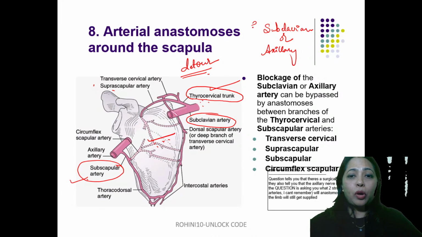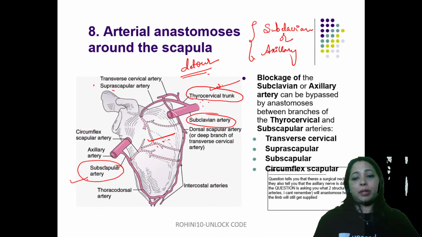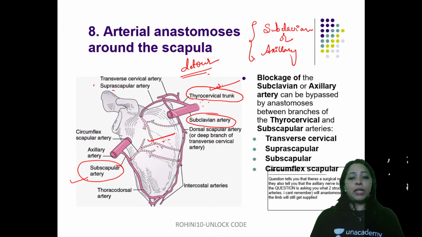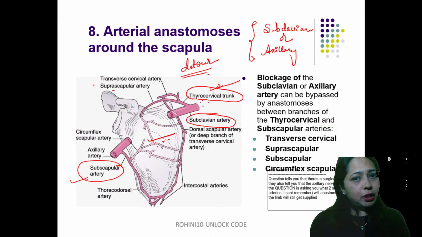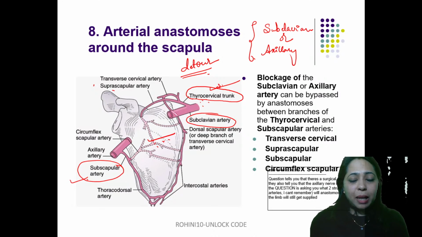So whenever there is a blockage in this, you can use the thyrocervical trunk to anastomose with the branches of the subscapular artery. So now here, transverse cervical takes part in the anastomosis, suprascapular takes part, the subscapular will take part, and also circumflex scapular will take part.